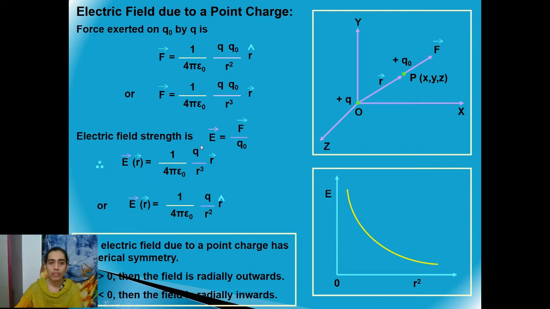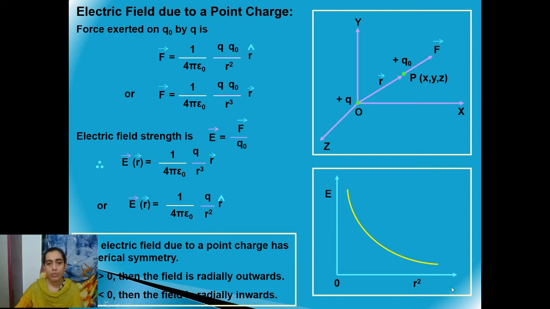How we got this? Just by eliminating this q naught charge, because it gets cancelled from numerator and denominator. So the remaining part is only the source charge magnitude. Right? So the final expression is vector E is equal to 1 over 4 pi epsilon naught q divided by r square into r cap. By observing this equation, you can see that electric field will vary according to the distance.